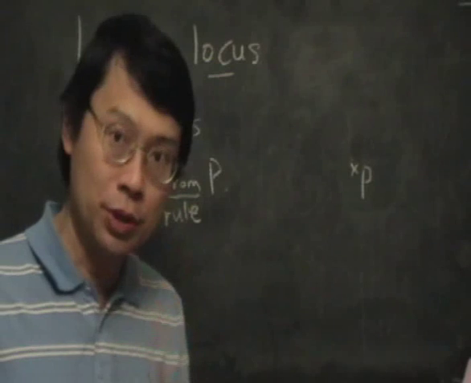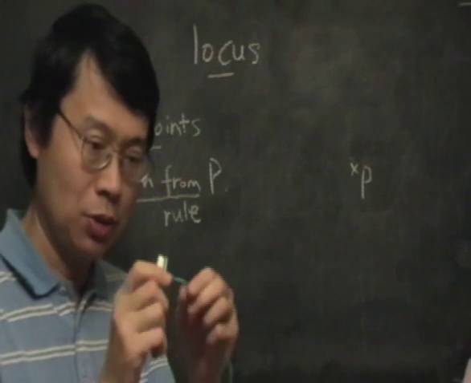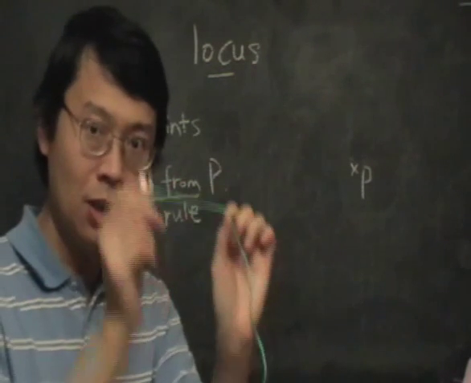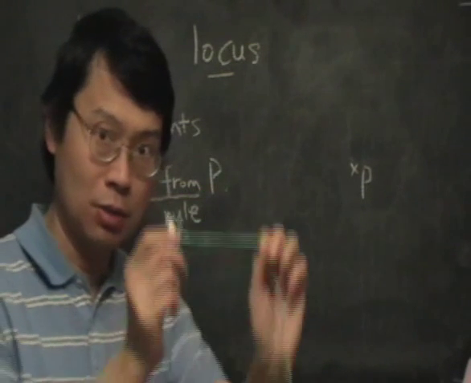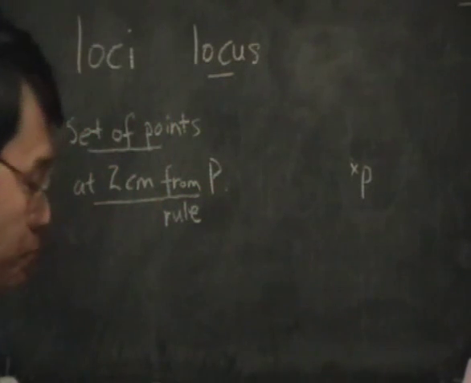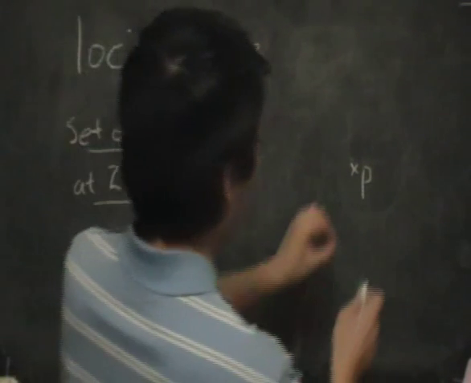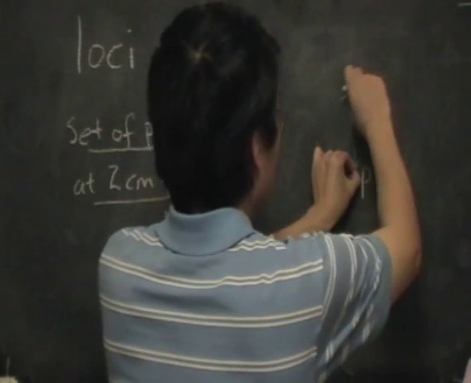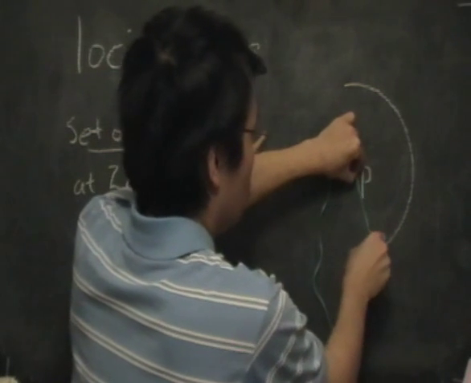So what you would do is, with your compass, you would open up your compass until the distance between the needle and your pencil is 2 centimeters. You can measure that on your ruler. Then put the sharp point on P, and using the pencil, draw the circle.